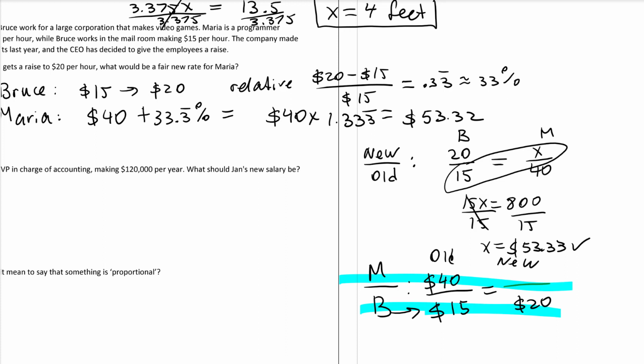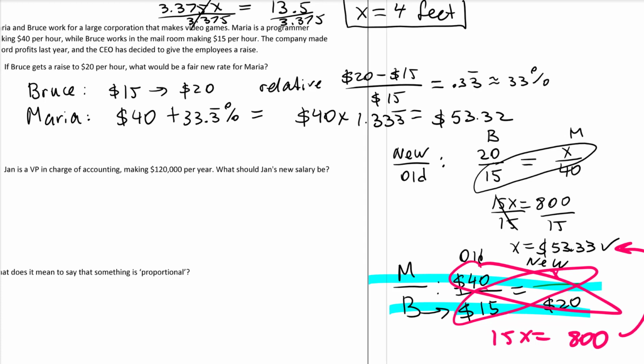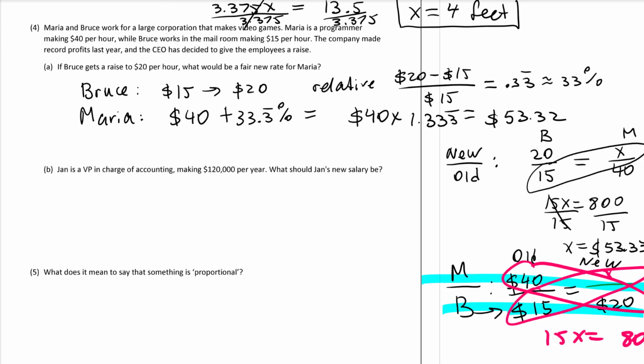So that would be the x. And then notice you get the same equation. 15x equals 800, which gives you back 53.33. All right. So the key here is consistency. And we say that things are proportional in that case. So the increase is proportional, meaning it is subject to the same rate.